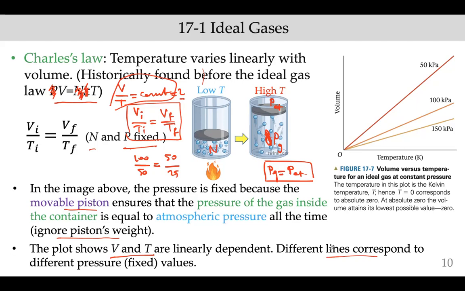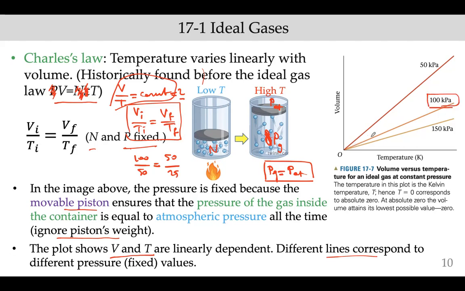So here different lines correspond to different pressure values. They're fixed, but for example, at sea level, the atmospheric pressure will be 100 kilopascals. So then the gas in the container will have the same pressure.